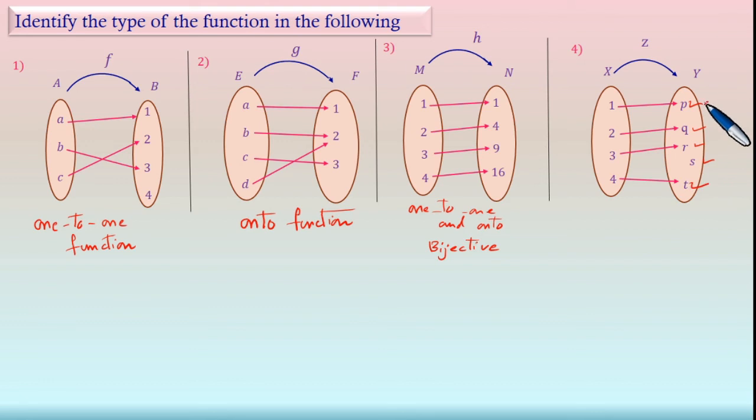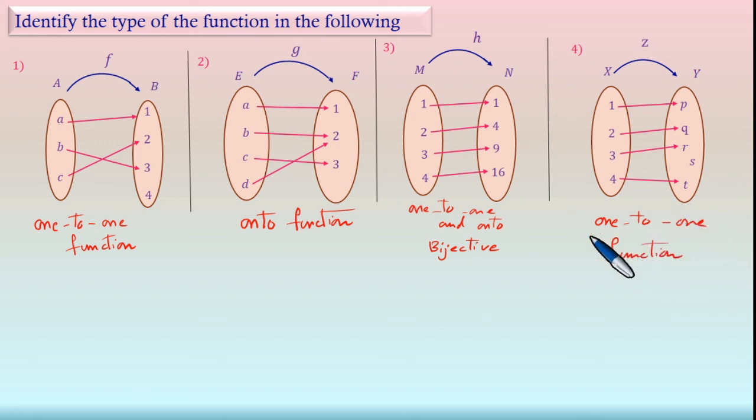P has only one preimage, q has only one preimage, r has only one preimage, and t has only one preimage, but s has no preimage. The elements which have a preimage are all 1 to 1, but s has no preimage, therefore it is not onto, but this is a 1 to 1 function.